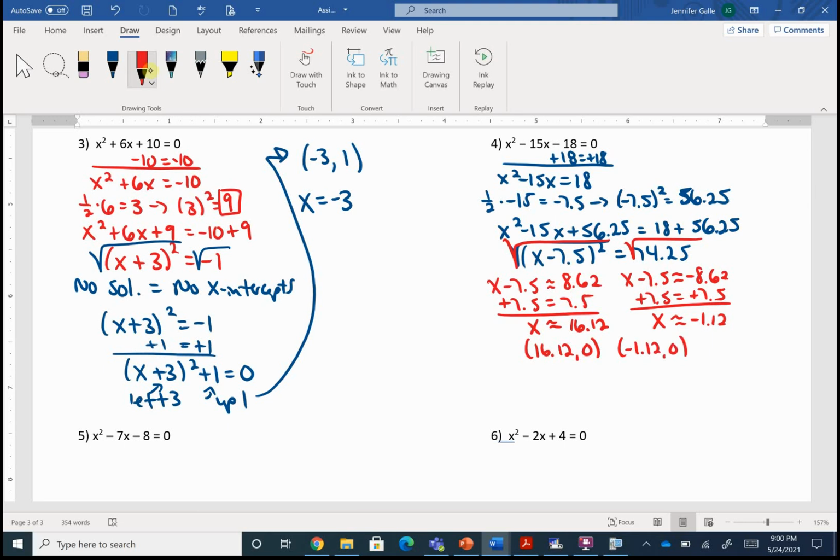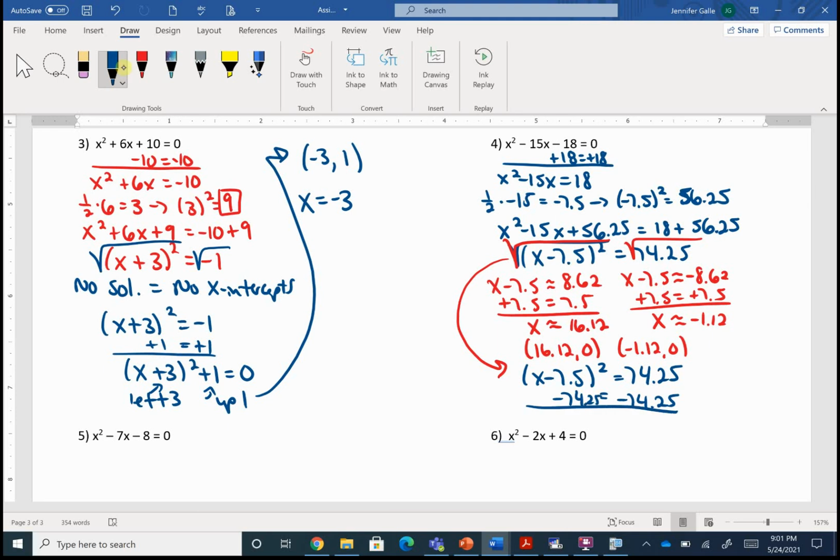Then to get the vertex and axis of symmetry, we go back to before we took the square root. Bring our 74 1/4 back over to the left side.